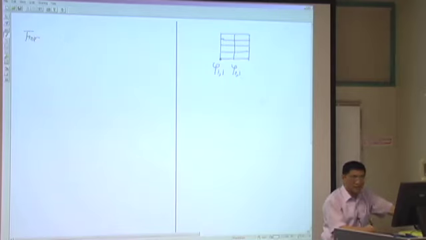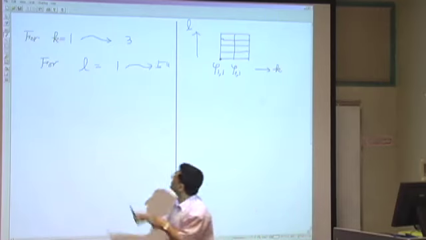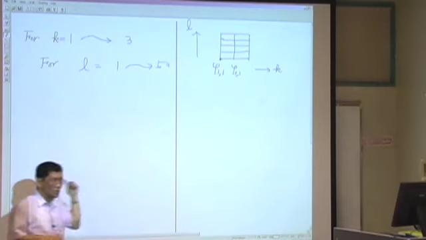I want to use index k and then index L or anything, but I will use this way. For k running from 1 to 3, and then for L running from 1 to 5. This is not Matlab or Maple code, just explaining the idea using pseudocode, right?